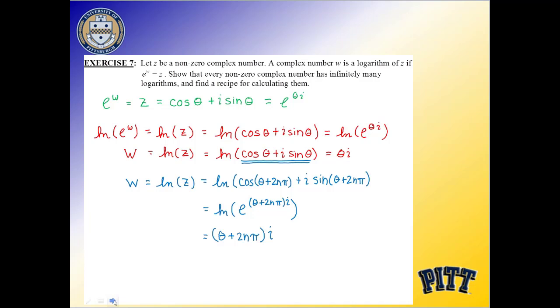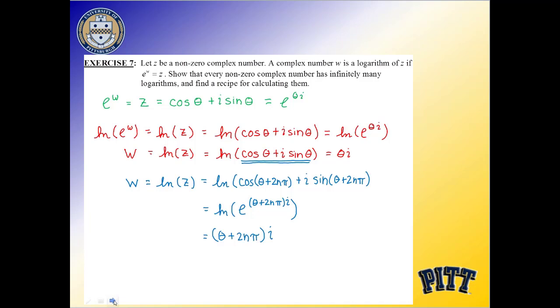So if I get an instance where I'm solving something like this and I do a logarithm and figure out what w is, and w ends up being, I don't know, pi over 6. Well, if I add 2n pi to that, and get 13 pi over 6, that would also be a value of a logarithm for that exact same number.